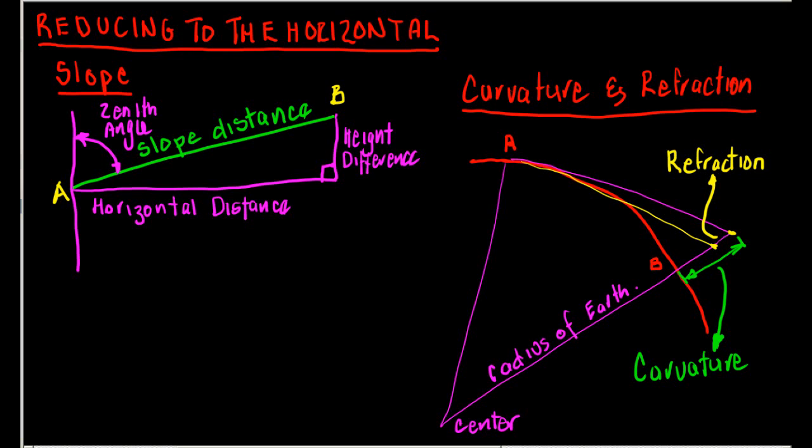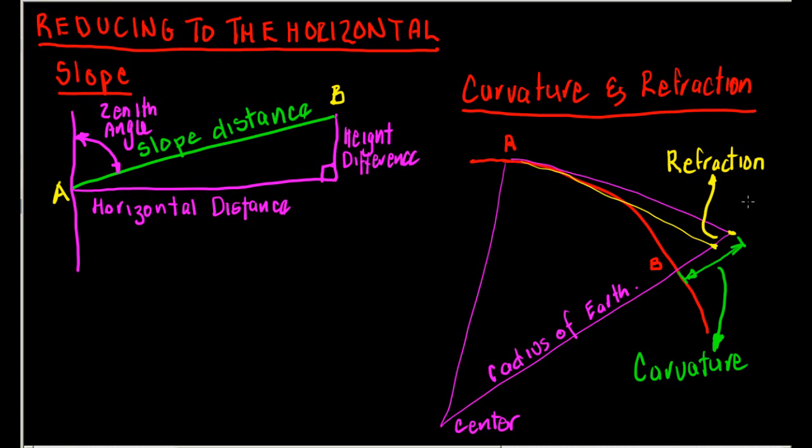Now, in the diagram on the right, we will see that if we were at point A and we observe a straight line, we will be observing along this purple line here generally, and that if we pull that back to the center of the earth, because we actually want to measure the curved distance, there is a little difference that we have to make in here, which will affect our measurement.